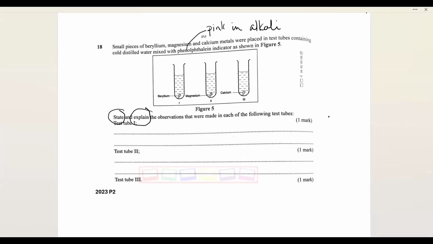So in the periodic table, those are their proton numbers, atomic numbers. So this will be 2,2, 2,8,2, 2,8,8,2.